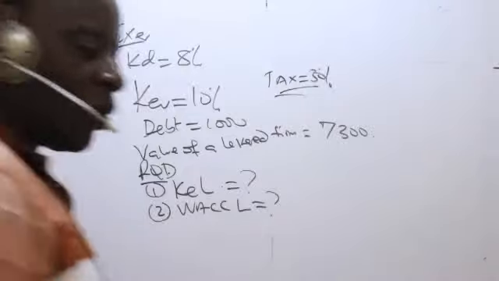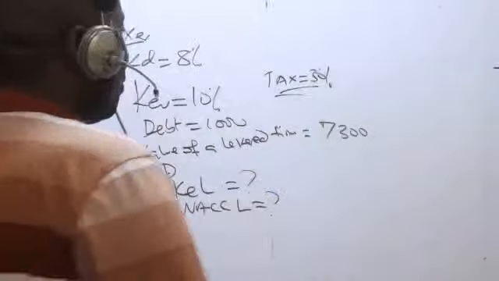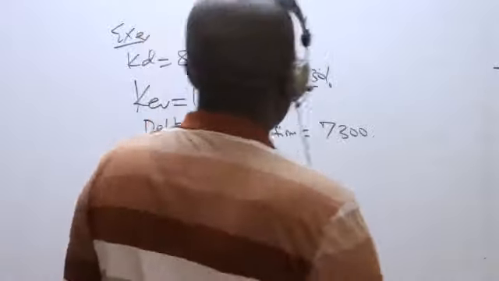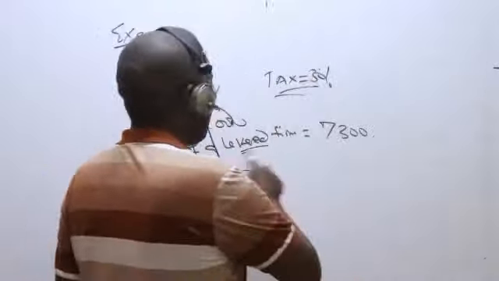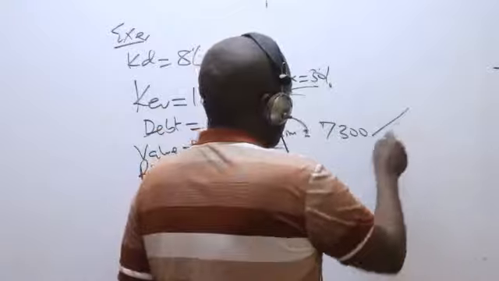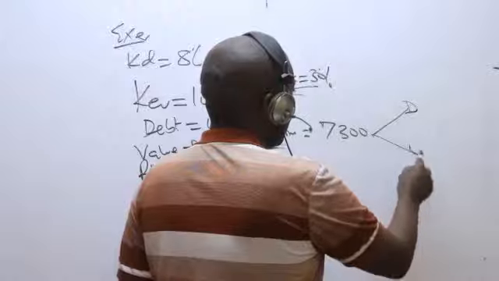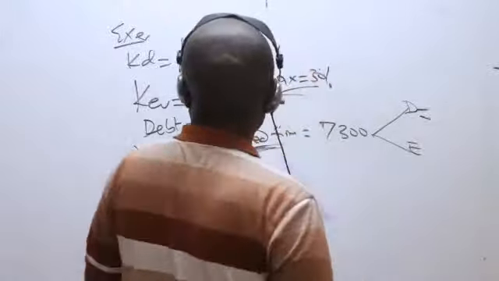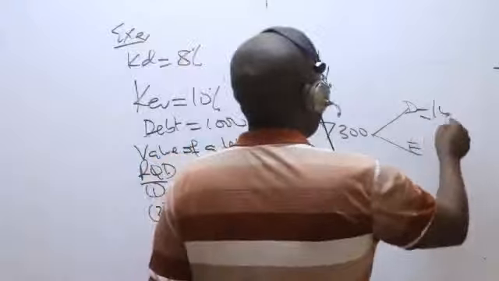Okay, so they are correct. I can see here they are correct, 10.22. So remember, what a good student will do first, when they give me the value of a levered firm, I'll break it down into debt and equity. The debt has been given here as 1,000.